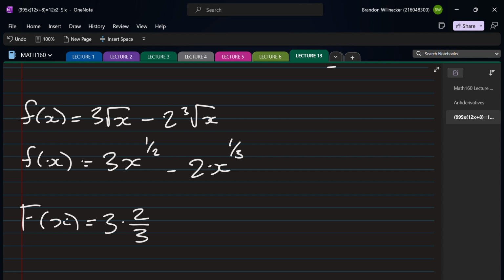Just do that in your head a number of times, and it will become automatic eventually. And then it will be x to the 3 over 2. Minus 2 times x to the 1 over 3. We're going to add 1. Think of that as adding 3 over 3. So we get 4 over 3. Divide by 4 over 3. That's the same thing as multiplying by 3 over 4. x to the 4 over 3.